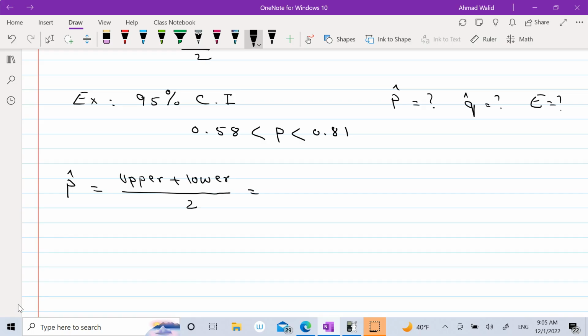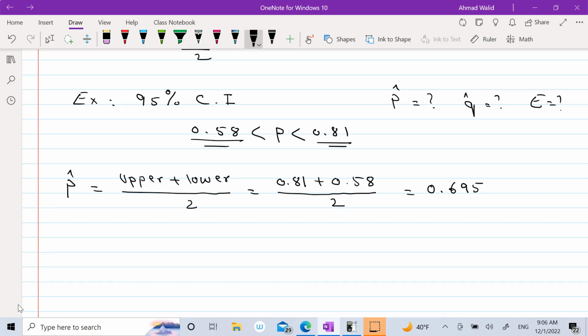It means this is my upper limit, 0.81, plus my lower limit, 0.58, divide by what? 2, which, if you do the math, you end up with 0.695, correct? Which is 69.5% in percentage.